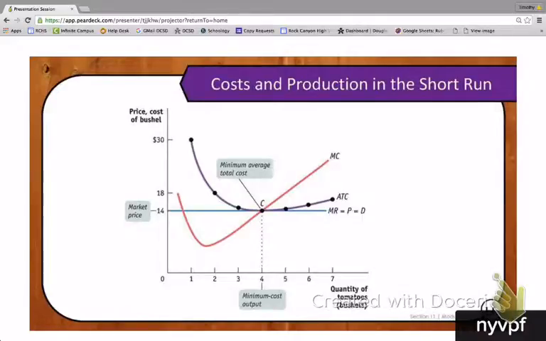It shows that their market price will be $14 and their profit maximizing quantity of output will be equal to 4. And you can see the average total cost curve intersects those two curves at the exact same point, which tells you that economic profit is not a loss, it's not a profit, it's equal to zero. So this would be a normal profit for Jennifer and Jason in the short run.